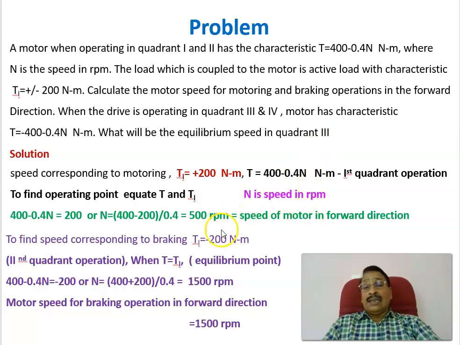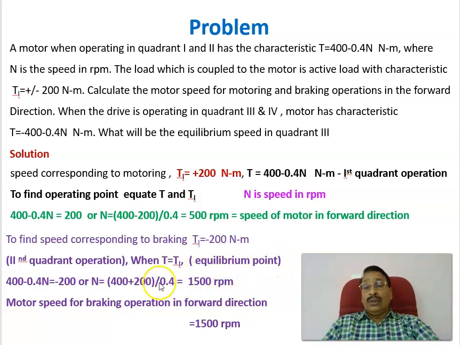Now coming to the second case, which is called forward braking operation, the second quadrant operation. To find the speed corresponding to braking, the load torque is given as minus 200 Newton meter. Again we equate the motor torque to the load torque. In the second quadrant of operation, T equal to TL is the equilibrium point.